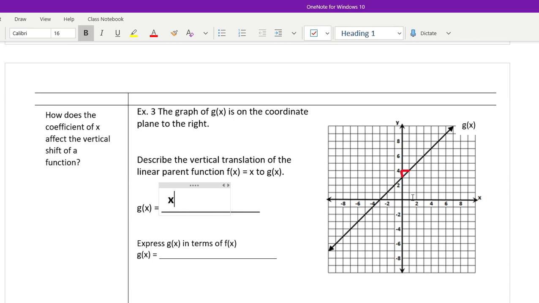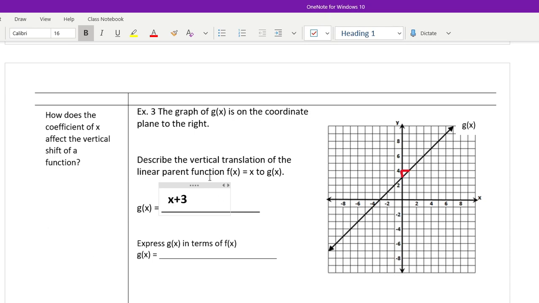And the last piece, starting from our origin, because our parent function goes through the origin, we had to go up a total of 3 units. So to express that in the equation, we show a plus 3 to finish off our expression.